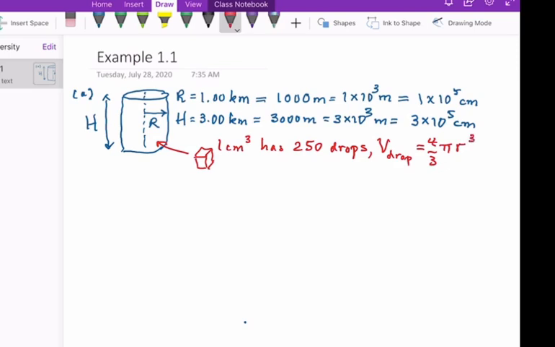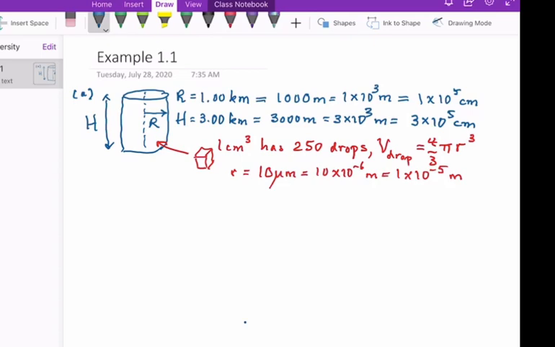So that r means the radius of each one of these little drops, which I'm told is 10 micrometers. That's 10 times 10 to the minus 6 meters. That's 1 times 10 to the minus 5 meters.